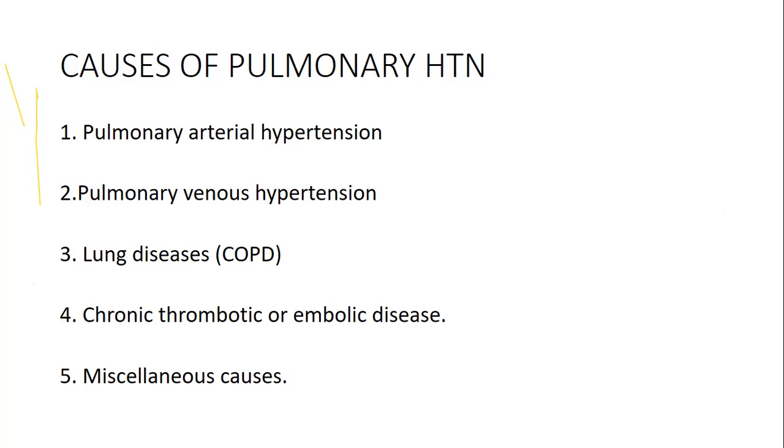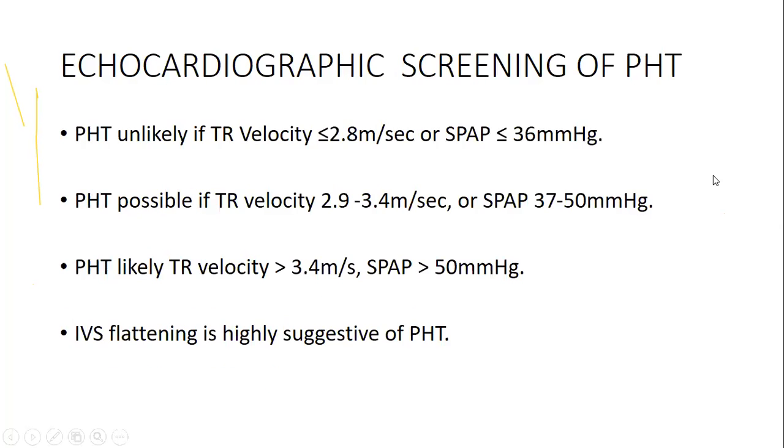Okay. Then we can also have the screening. You can use echo to screen patients with pulmonary hypertension. Pulmonary hypertension is unlikely if tricuspid regurgitation velocity is less than or equal to 2.8 meters per second.